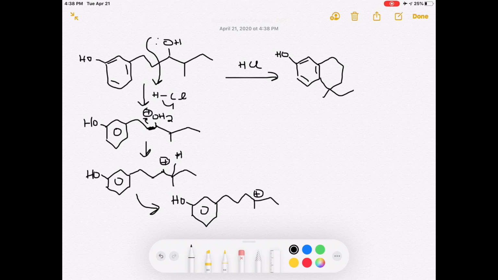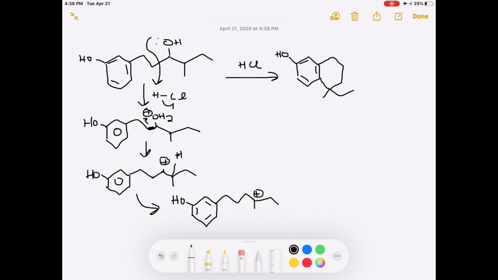So now that we have a tertiary carbocation, we are actually in a good position. I will just write out the benzene double bonds, the aromatic ring double bonds.